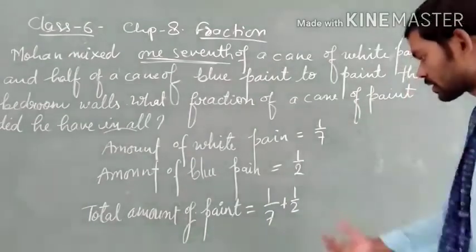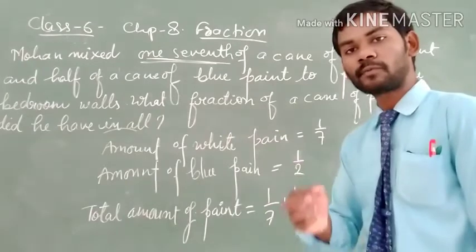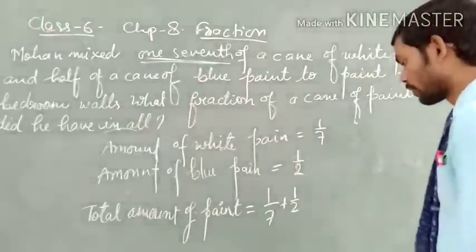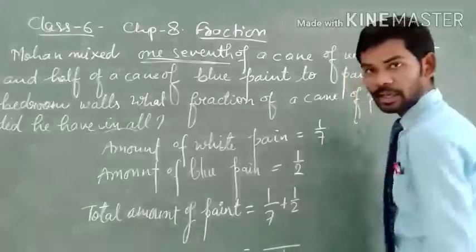Students, here we can see that both fractions have different denominators, that is why we have to find their LCM. When we find their LCM, we get 14.